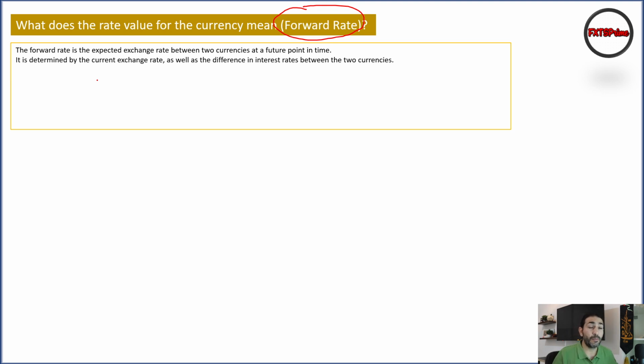So we are measuring the current spot rate for a certain pair and calculating each interest rate, and we are calculating how much the forward rate will be in the future based on the interest rates. So this is important, but it is important for people who make long trades and for people who have swaps in their accounts.